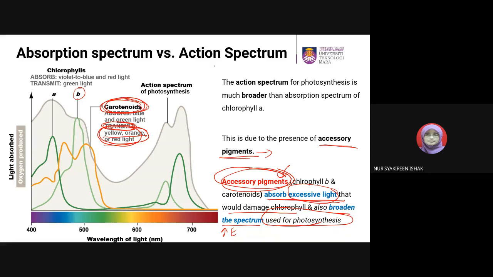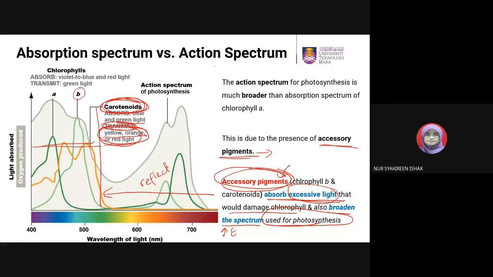For carotenoids, they will absorb most in the range of blue and orange. This is the range of wavelength that the carotenoids will absorb, and this is the range of wavelength that it will reflect, and also transmit.